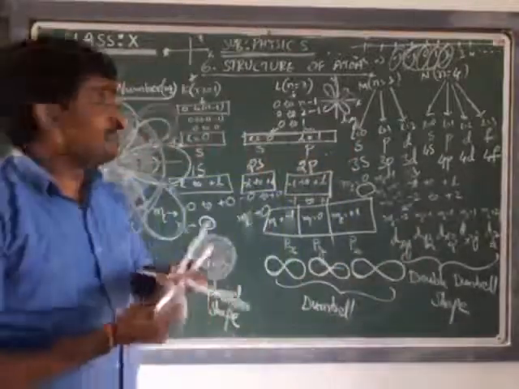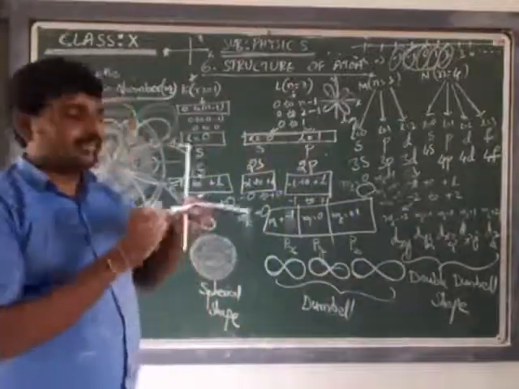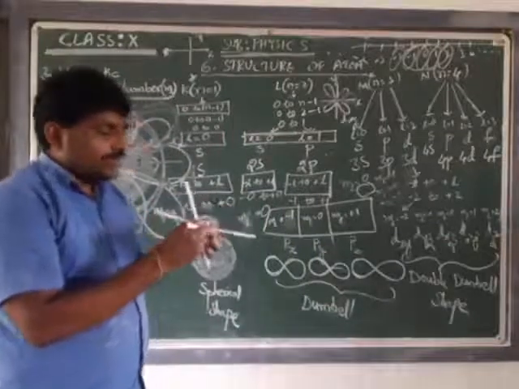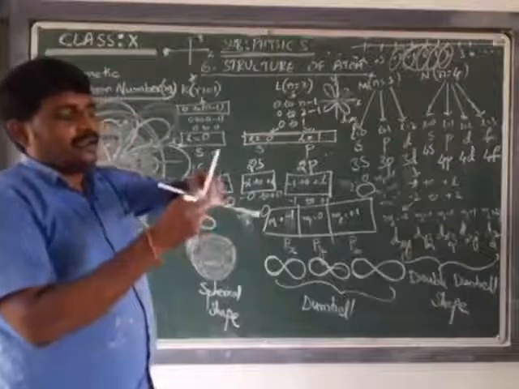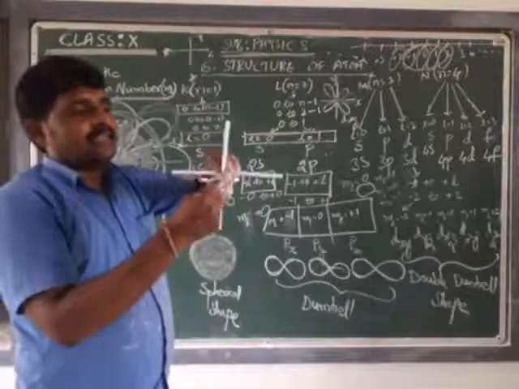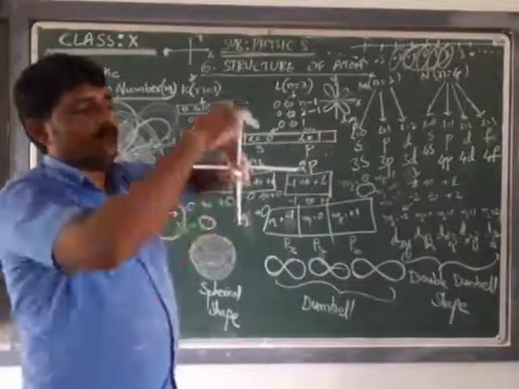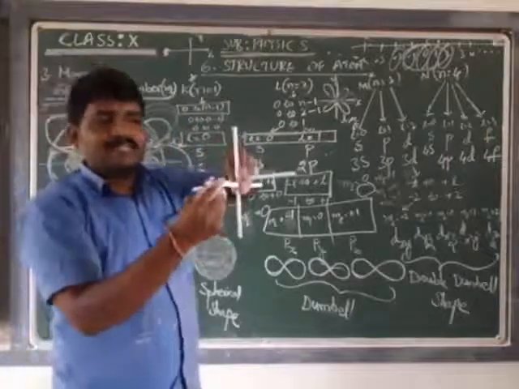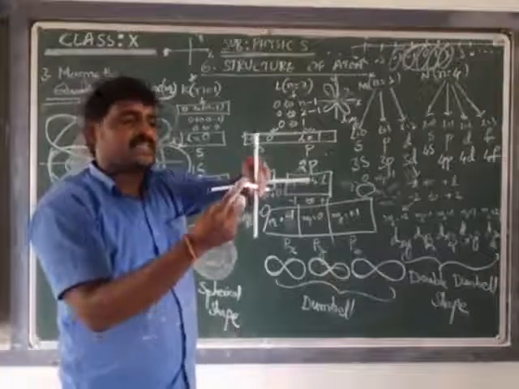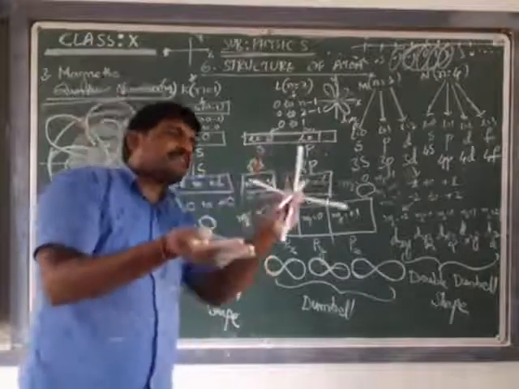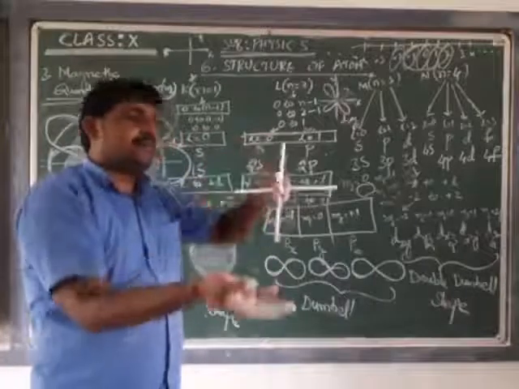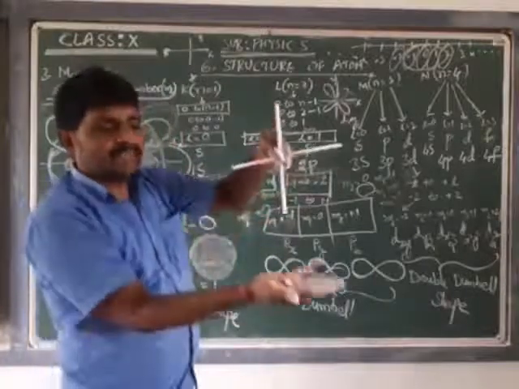Now dz square, which we have to discuss, is very important. In order to represent dz square, listen here: this is x axis, this is y axis and this is z axis. To represent it properly, I am taking the z axis at the top. Instead of seeing from this side, we are seeing from this side.